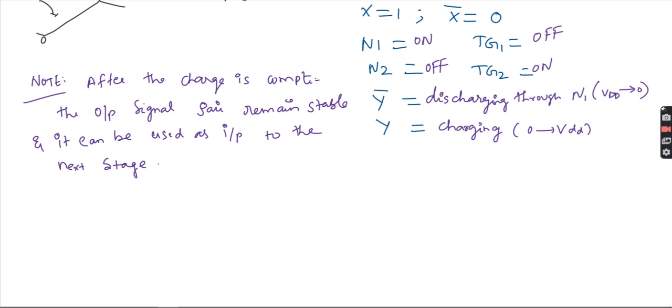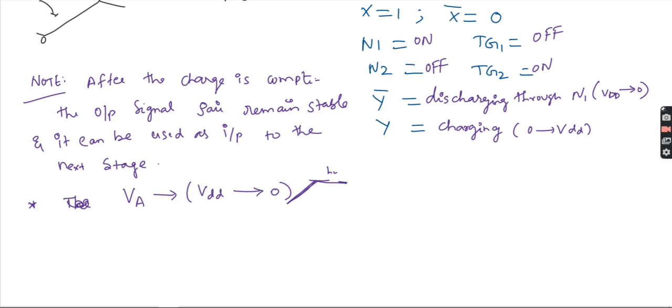Now the second thing: here I can say the VA, if I go from VDD to 0, so the VA is going to 0. Because this place was charging, correct?